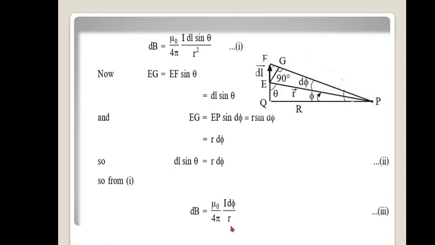So finally dB is equal to mu naught by 4 pi into I d phi by r.